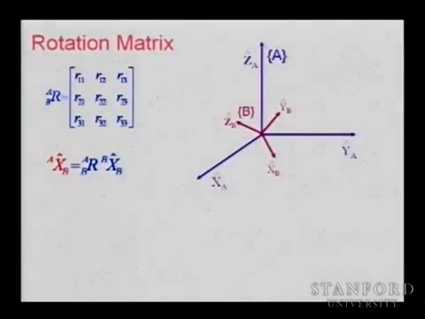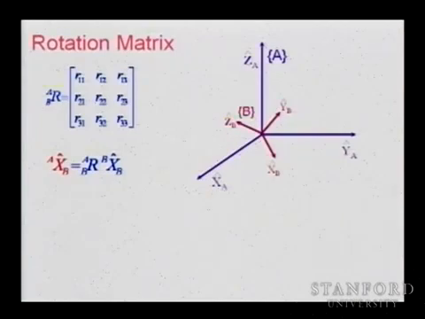Those of you who are seeing this for the first time, I'm sure everyone has seen it in some form or another. So what I'm going to do is state the relationship between this vector xb and xa. xb defined in frame B is obtained by this rotation matrix, and the resulting vector is xb in frame A. So the description of xb in B is transformed into a description of xb in A using the rotation matrix.